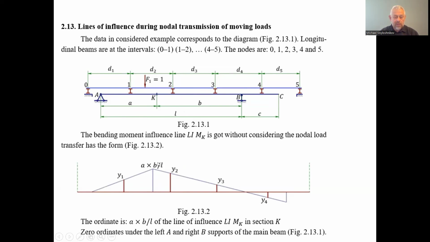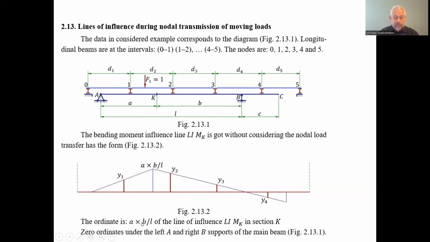For example, the point K is located at distance a from the left support A, and at distance b from the right support B, and the magnitude of the bending moment here from the unit load is the product a by b divided by L, the distance between these two supports of the main beam.